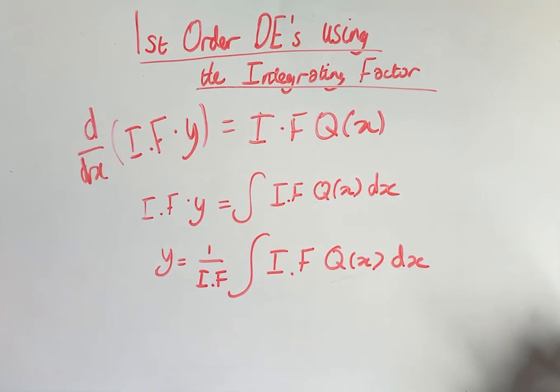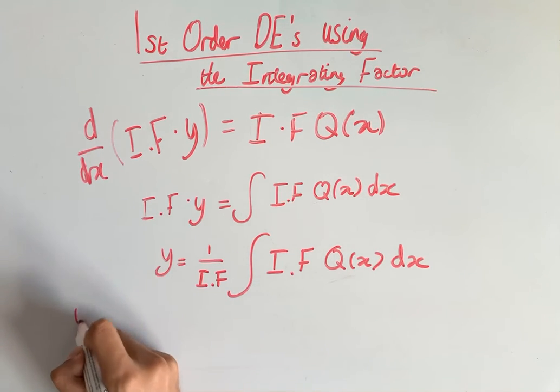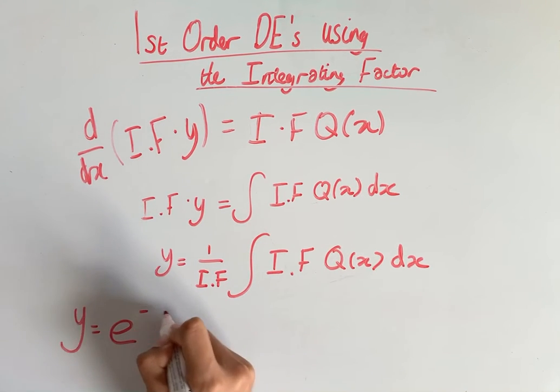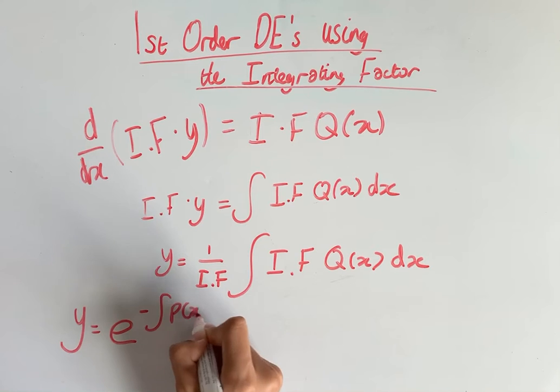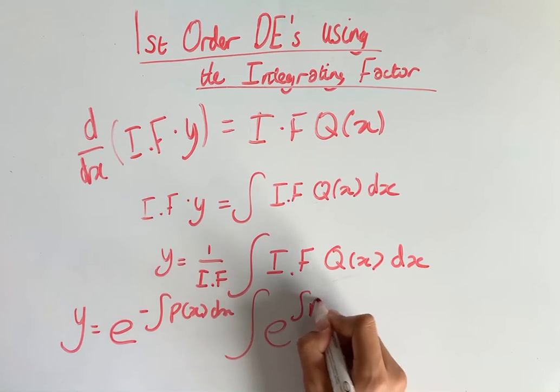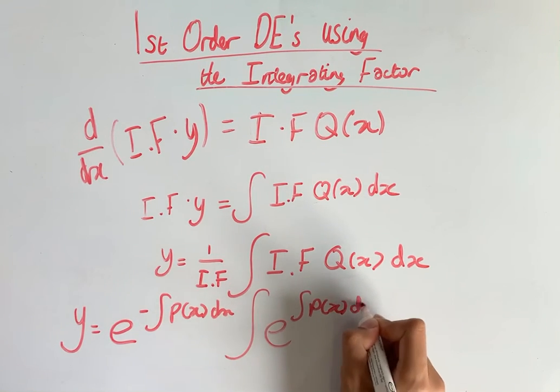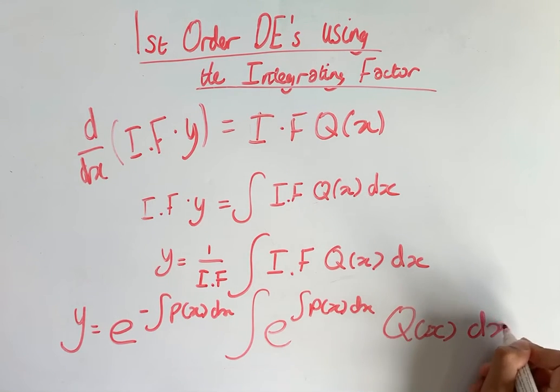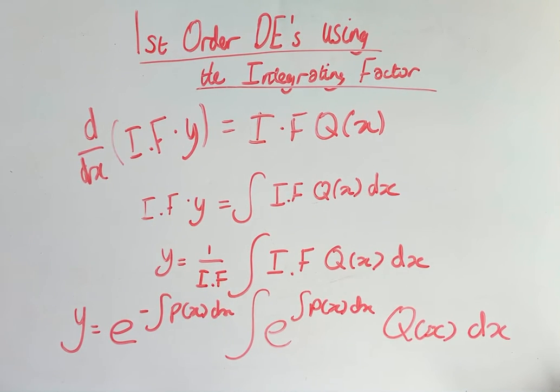Now, substituting the integrating factor back in, we find that y is equal to e to the minus integral of p(x) dx. We do minus because it's 1 over, multiplied by the integral of e to the integral of p(x) dx q(x) dx. Now, this looks a lot more complicated than it actually is.